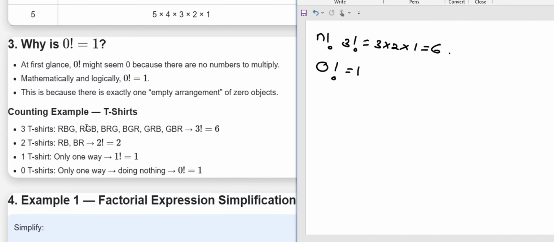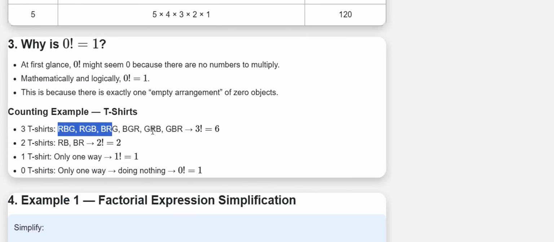Then we arranged them in 6 different ways, which is okay. Then, how about if we had 2 shirts? Those 2 shirts, we could arrange them in 2 ways, which is 2 factorial, of course, 2 by 1, which will be 2. So we can arrange them as red-blue, and we can also arrange them as blue-red.